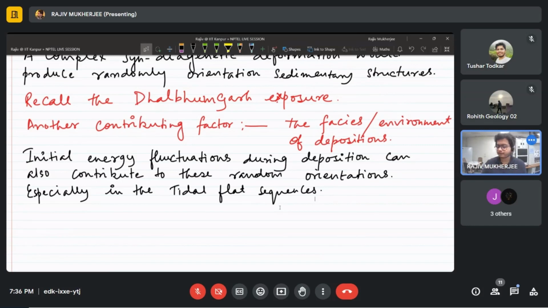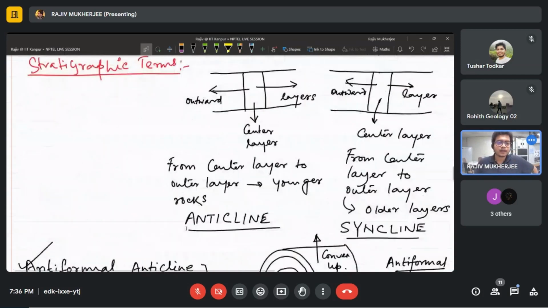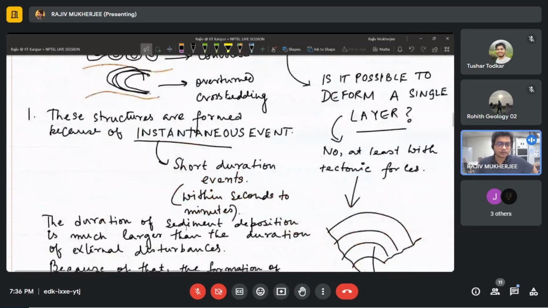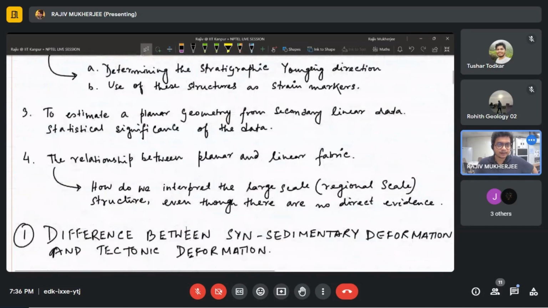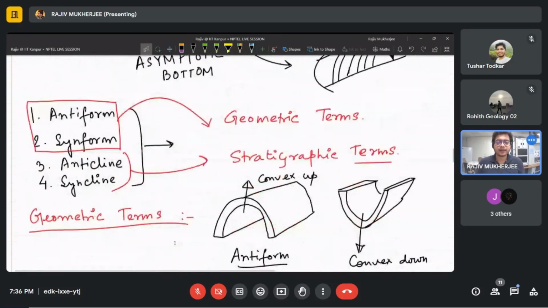Okay, so having said that, let us move to our discussion. What was the point? Yeah, third point is that to estimate a planar geometry from secondary linear data, statistical significance of the data, right?